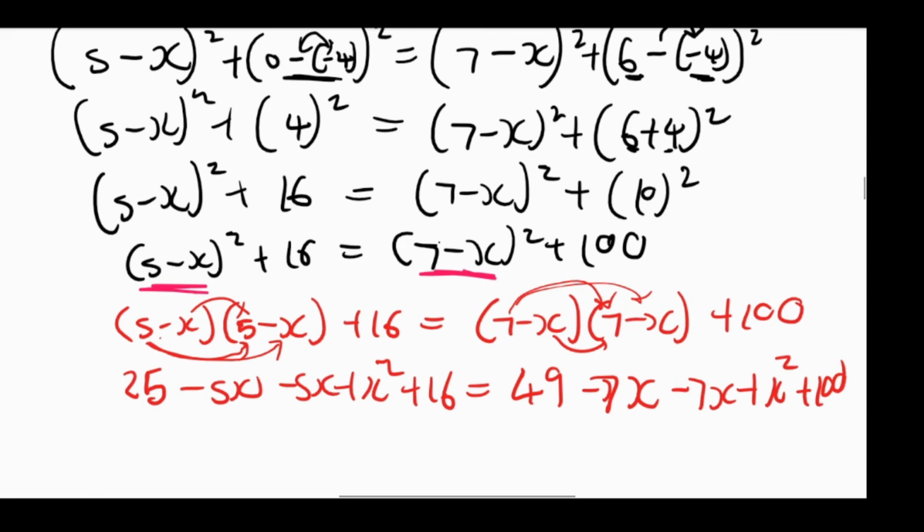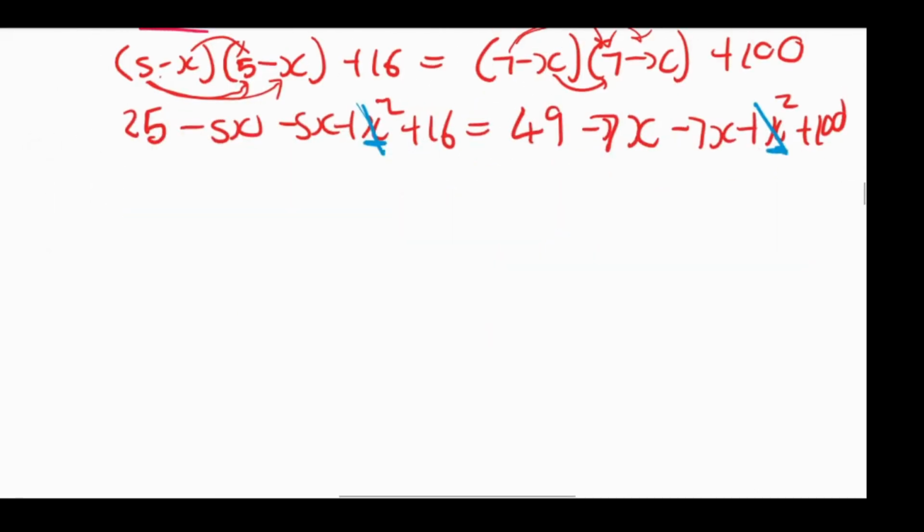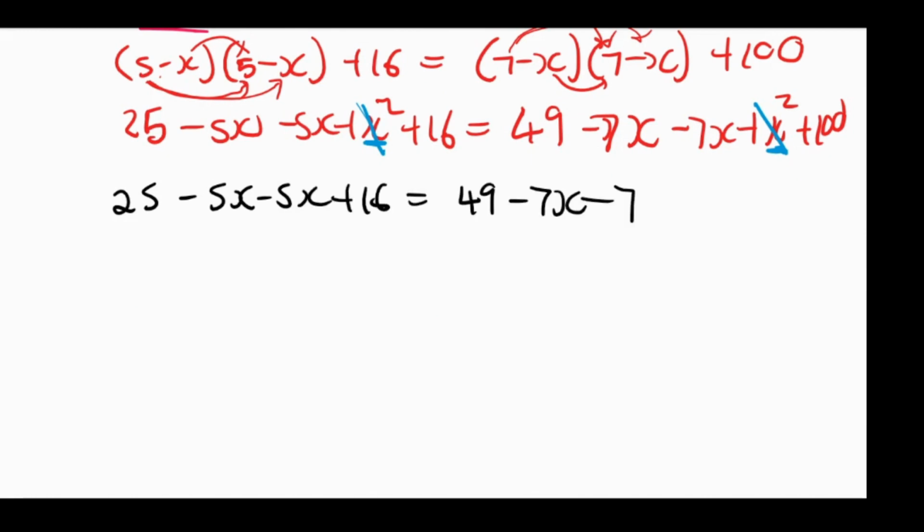The x squared terms are on both sides with the same signs, so I'm just going to cancel them out, and we remain with 25 minus 5x minus 5x plus 16 equals 49 minus 7x minus 7x plus 100.